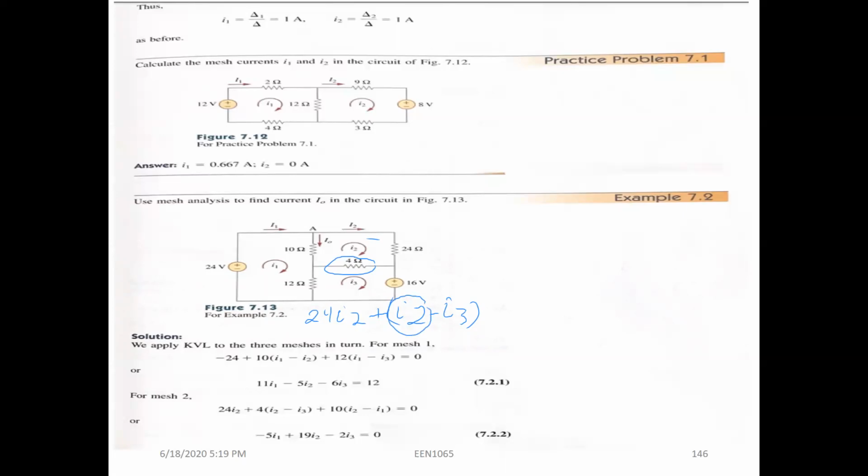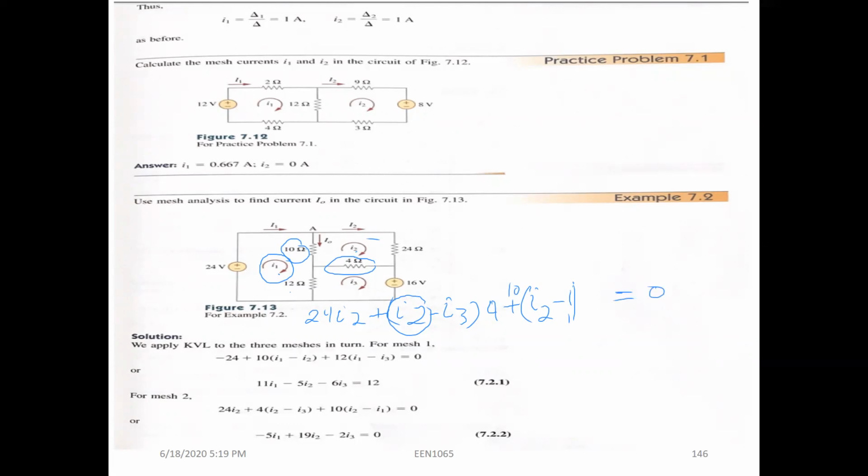When I applied KVL around loop number 1, I used I1 with a plus sign. So it will be I2 minus I3 multiplied by 4. And when we come to the 10 ohm, same thing: plus I2 minus I1 multiplied by 10, equals 0.